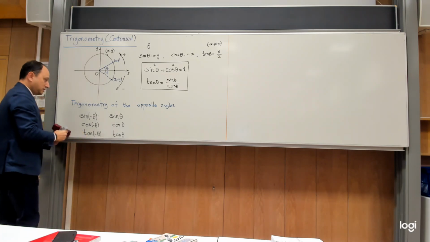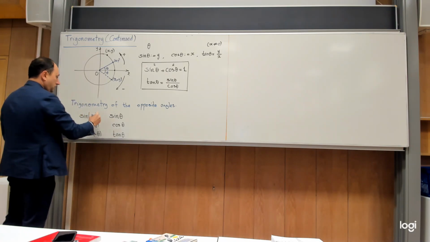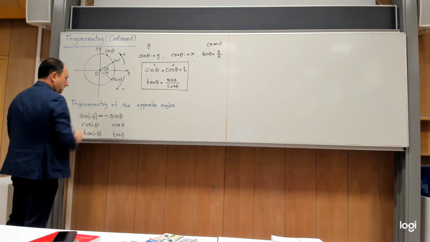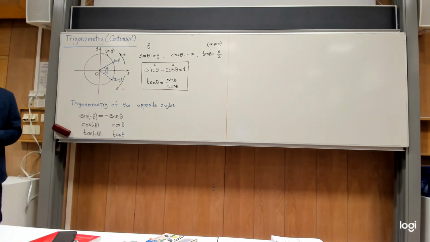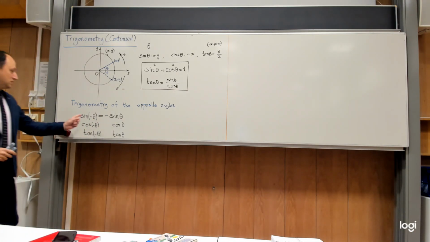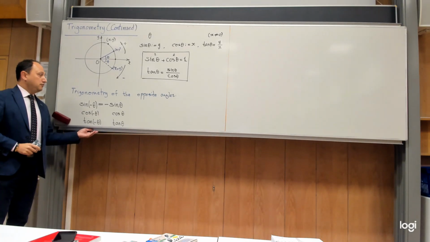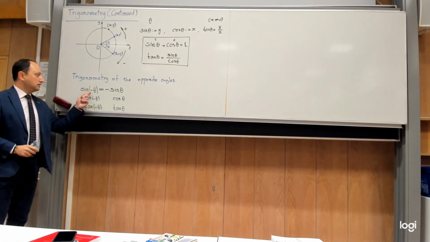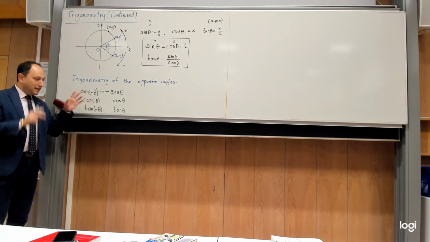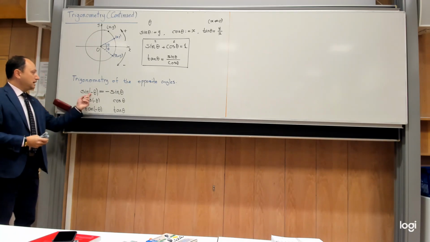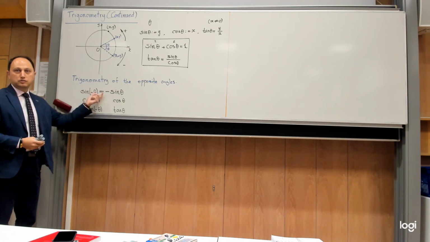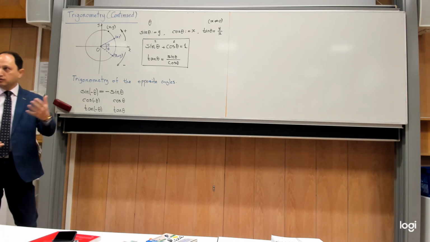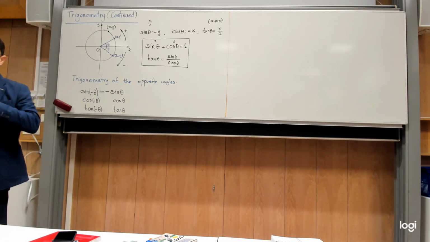So this is the first thing that you need to imagine in your mind, and then of course realize. This is a new rule that you're learning. If you have sine of a negative angle, you can pull the negative sign out. Yes? This is valid. So we can pull a negative sign out, but that's it.